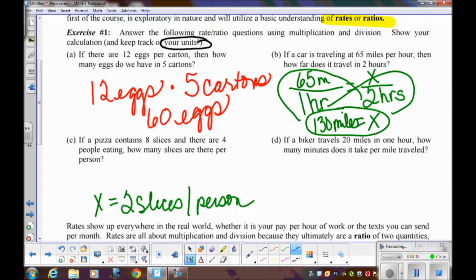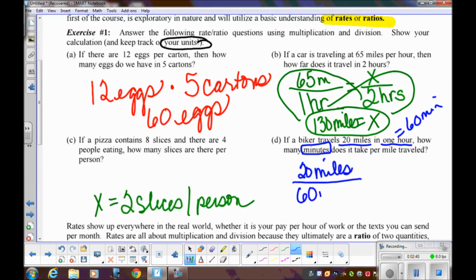And letter D, it says if a biker travels 20 miles in 1 hour, how many minutes, okay, we're changing up the units there, does it take per mile traveled? So if I start off with 20 miles on top, I don't want to go hours on the bottom because I need to get my final answer in terms of minutes. So just convert that 1 hour, we know is 60 minutes.